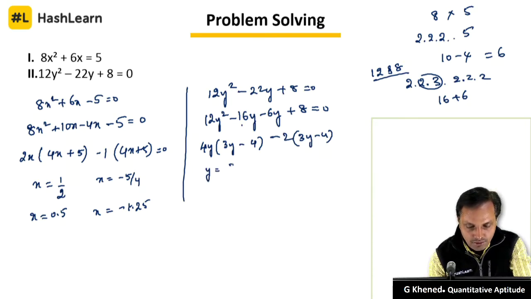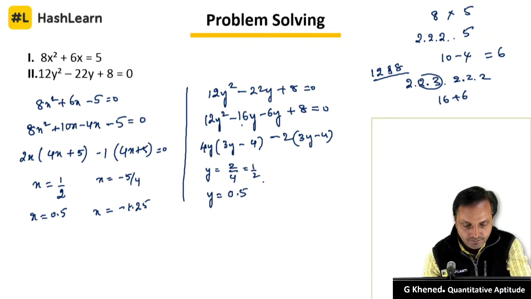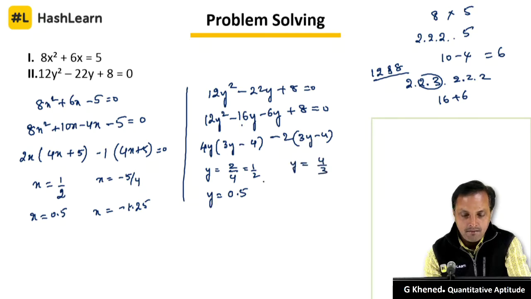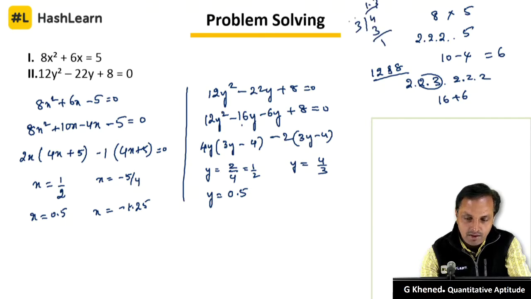So y is equal to 2 by 4, or y is equal to 0.5, which is 1 by 2, and the other value of y will be 4 by 3, minus 4 will become plus, so 1.33.